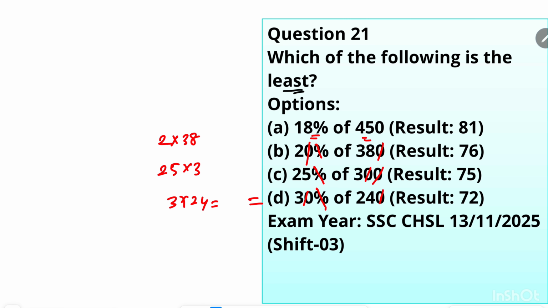First look at this. So 2, and then 72, right? 75 here, and 76, right? And here 18% of 450.